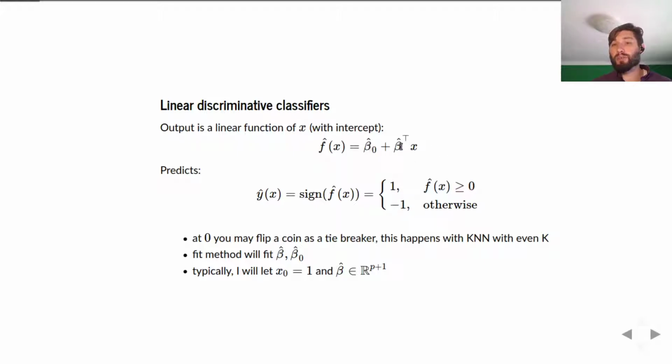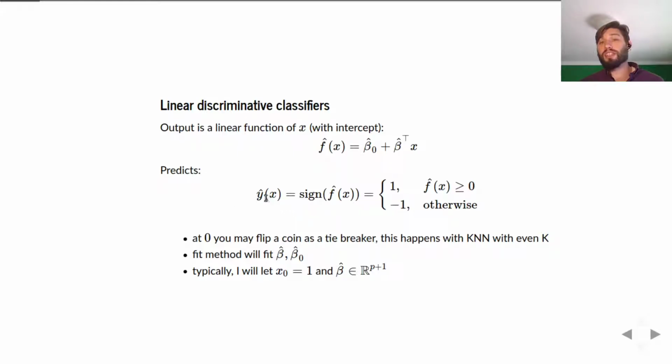I'll often absorb it into beta hat and make it so that X is in R^(p+1), where X0 is equal to 1, and beta hat is now in R^(p+1). I'm going to try to tell you when I'm doing that. But typically, if you don't see the intercept, you can assume it's just hidden and buried inside of the beta hat, which is in R^(p+1).